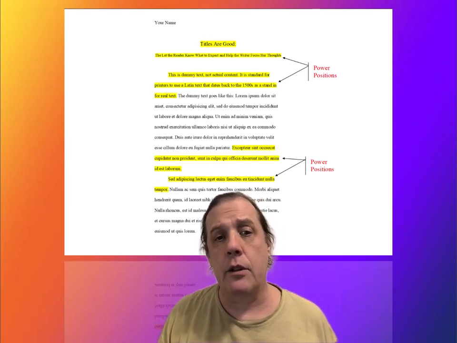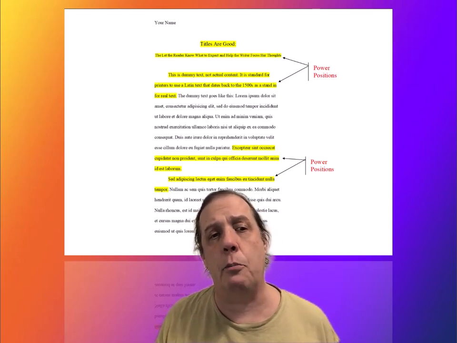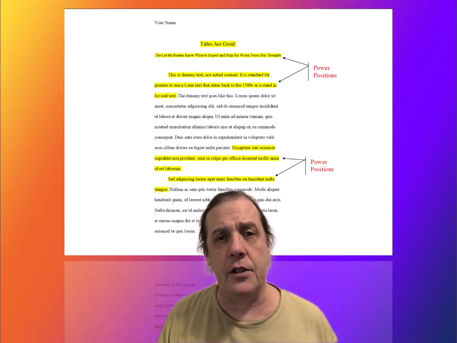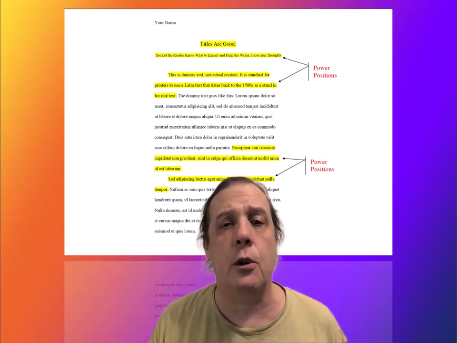So the title, the subtitle, the first sentence, the last sentence of the first paragraph, the first sentence of the second paragraph. These are all places where you put things that you want to emphasize. And if you're a good writer, you are going to emphasize the conclusion of your argument. So you should look for the conclusion in those locations.